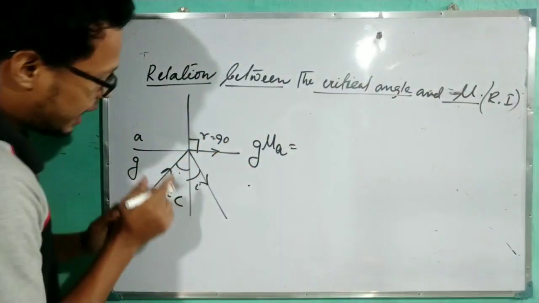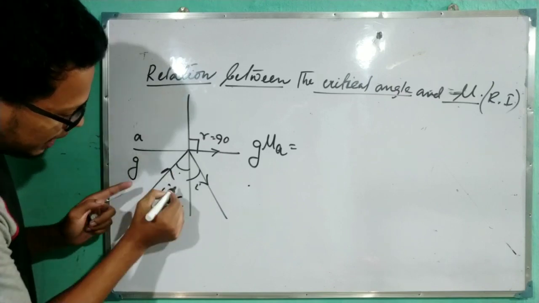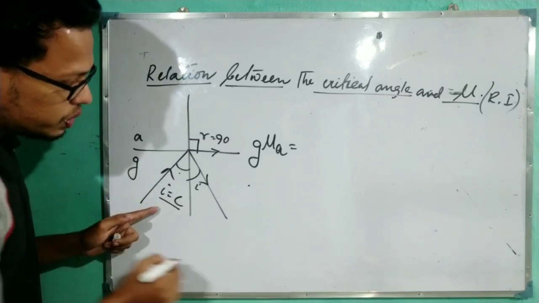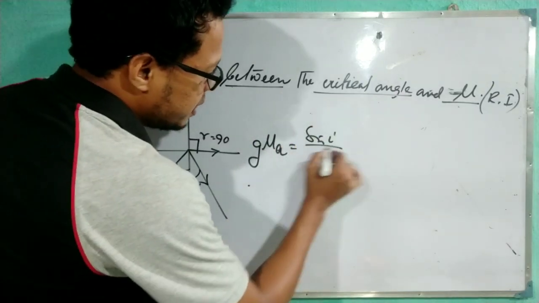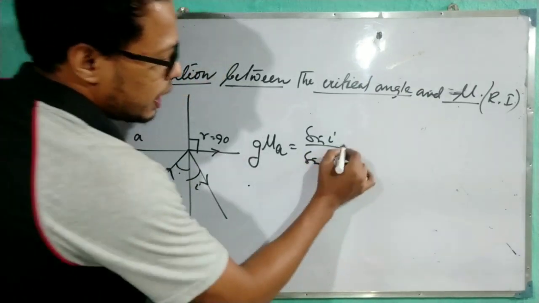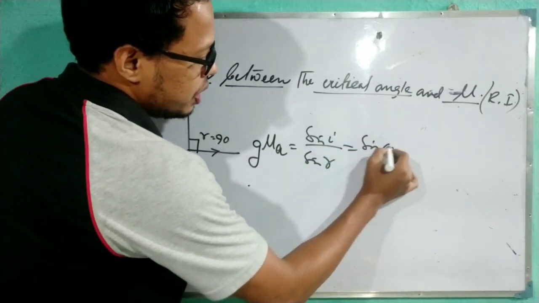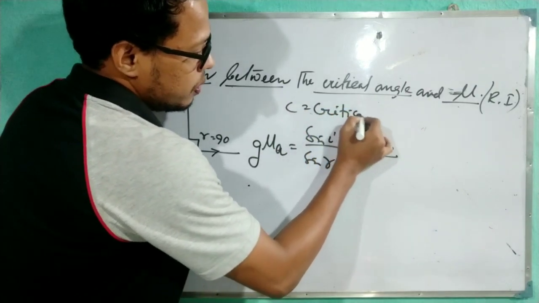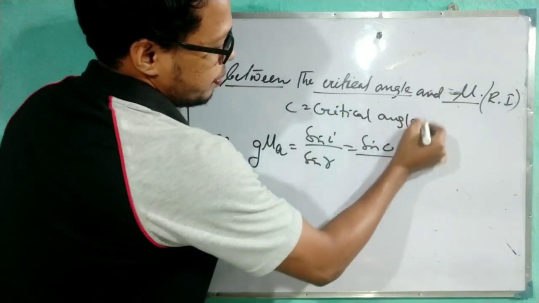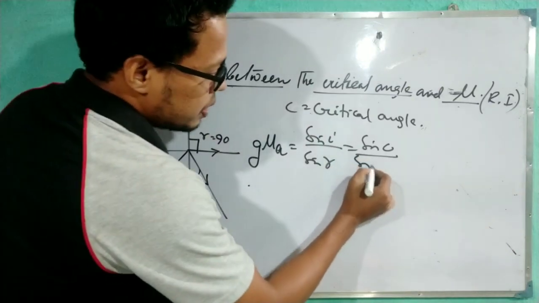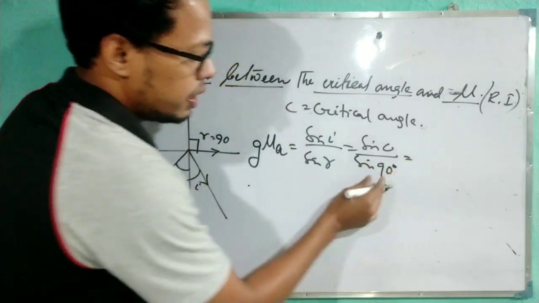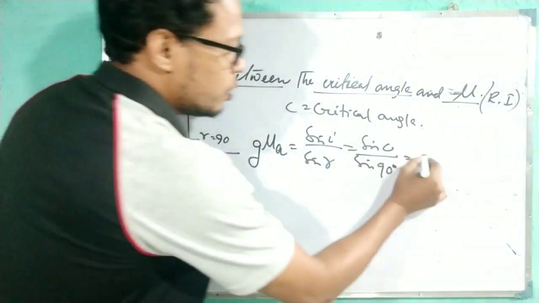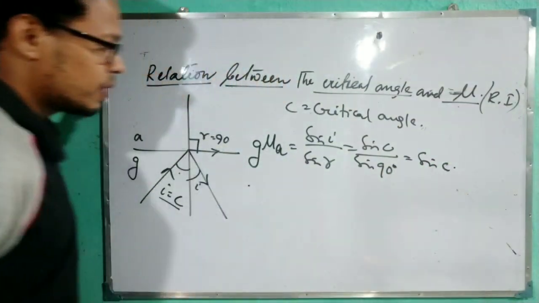Here sin I means, actually, I equals C, the critical angle. So sin I becomes sin C, and sin R means sin 90 degrees. Sin 90 degrees is 1, so it will be only sin C.